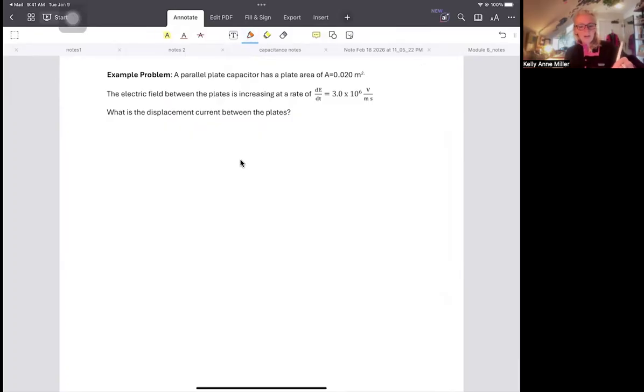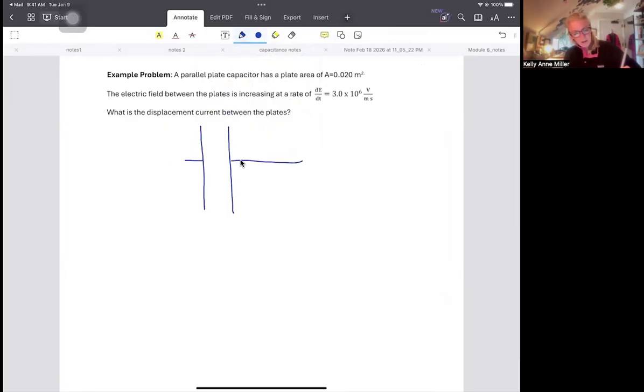And what we want to know is what is the displacement current between the plates?